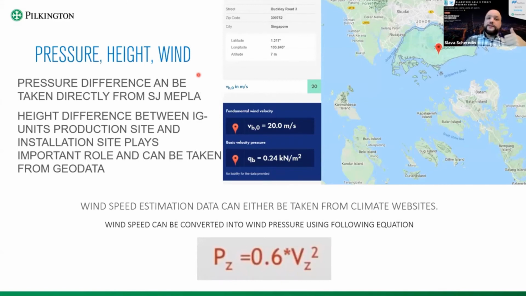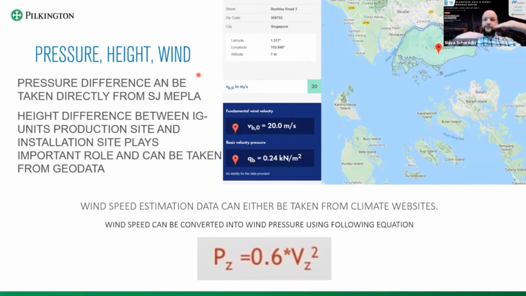First one is the pressure, meaning atmospheric pressure. This is mostly relevant for high-rise buildings, skyscrapers. But it's also very important to take into account if your building is located quite far away, and most importantly at a different sea level than your production site. So the difference between building and production does matter.